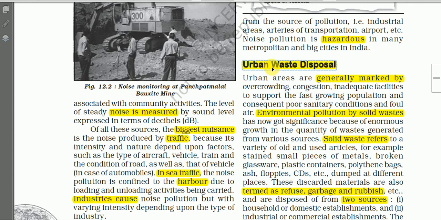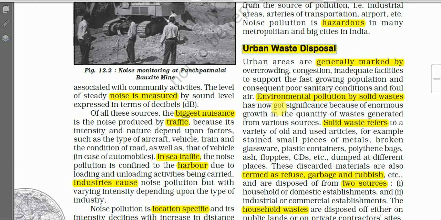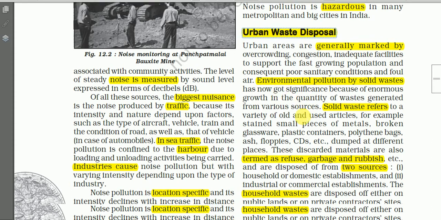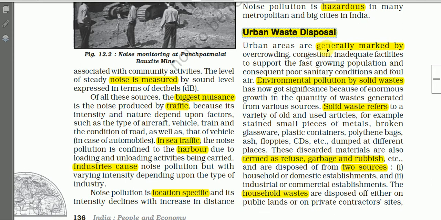Urban waste disposal. This is about land pollution, which is also a type of environmental pollution.